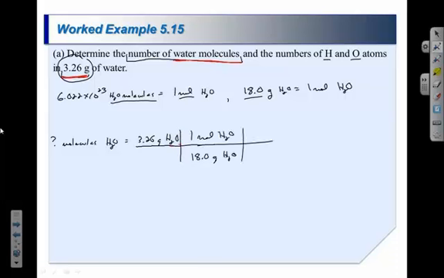And then I can use Avogadro's number to relate the number of moles to the number of individual molecules, so I can cancel all this, and that will give me 3.26 divided by 18 times 6.022 times 10 to the 23rd, which gives me 1.09 times 10 to the 23rd molecules of water. So that's the first part. Any questions about that?